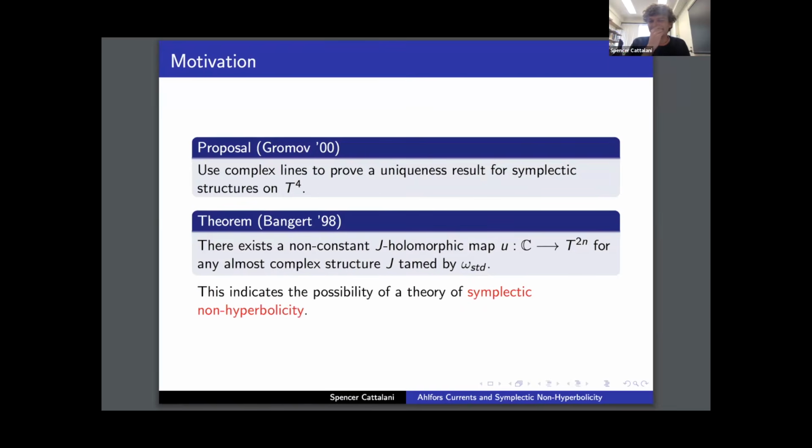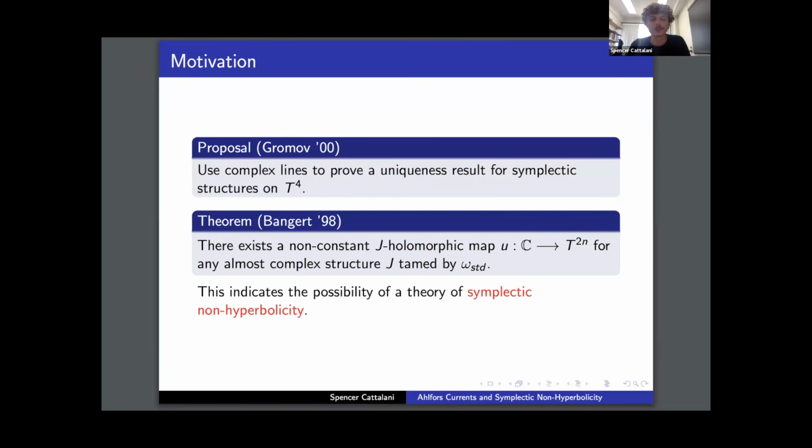The existence of a holomorphic line in complex geometry is called non-hyperbolicity. This indicates that there's something symplectic about it, some possibility of symplectic non-hyperbolicity. If you're going to carry out this proposal, you need a very topological symplectic understanding.